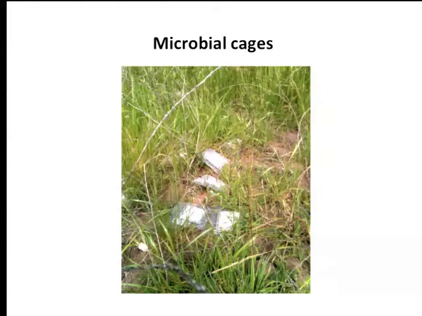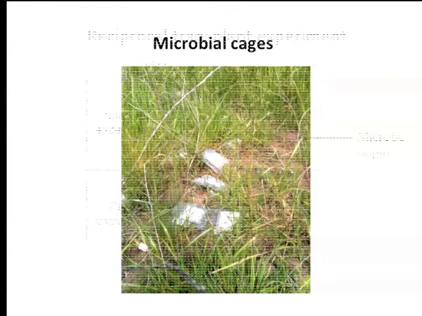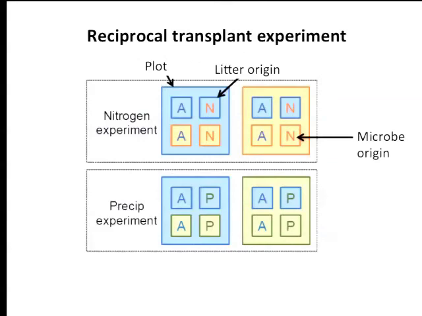These are just leaf litter bags made of nylon mesh that prevent the migration of bacterial cells, and also fungal cells, into and out of the bag. And so within each of our cages, we can manipulate all three of those factors I mentioned. So for instance, down here in the precipitation experiment, we have the letter, which is the microbial origin.